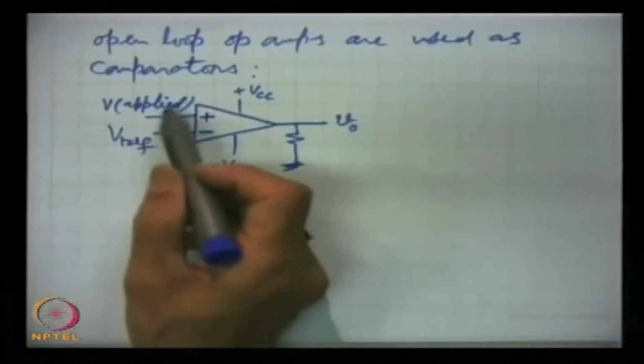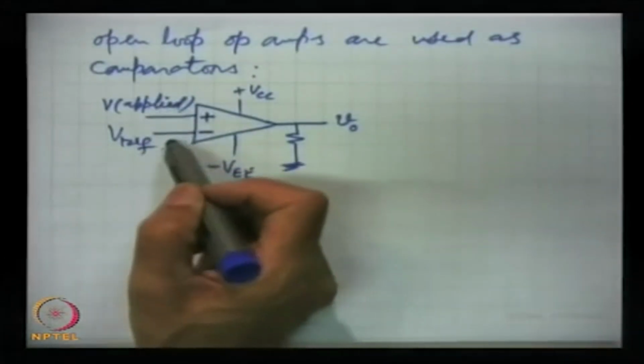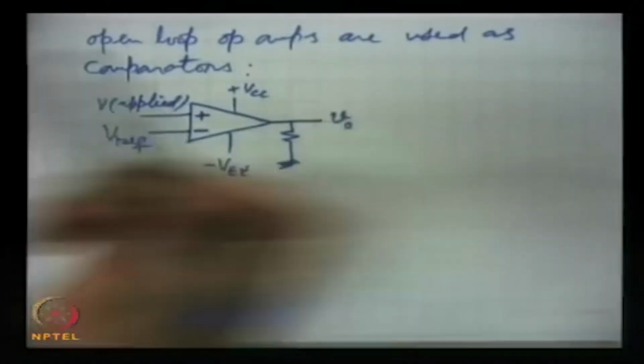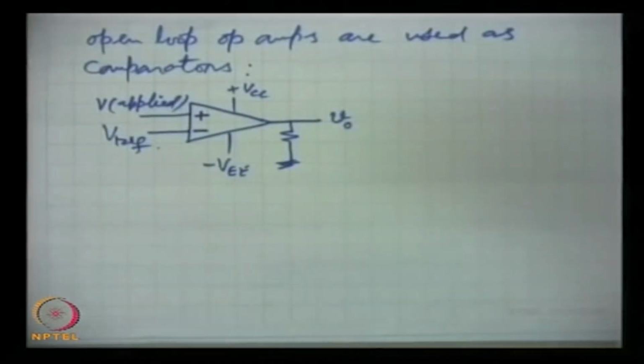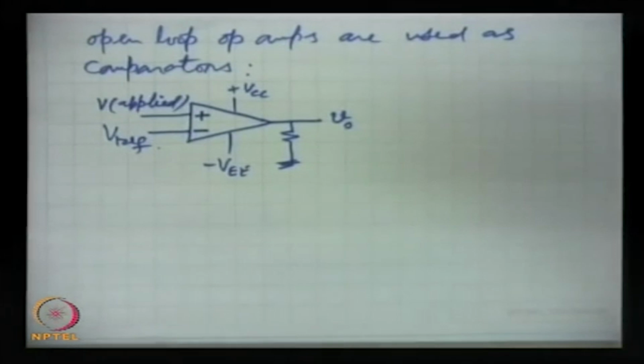Then as soon as this will exceed this, the output will saturate accordingly and signal will be available.